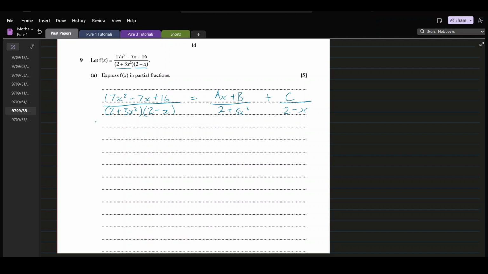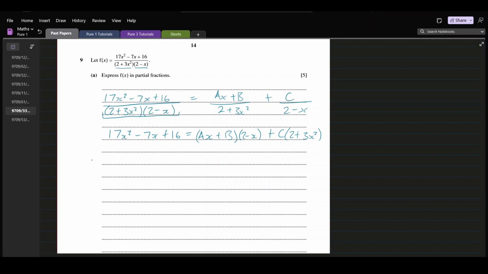And now we're going to multiply through by this denominator to get rid of all the denominators. So it becomes 17x² − 7x + 16 is equal to (ax + b), multiplied by (2 − x), plus c, multiplied by (2 + 3x²).